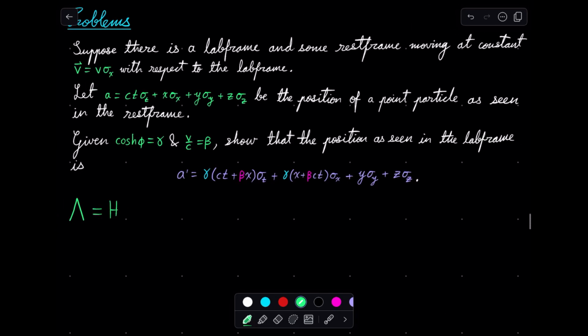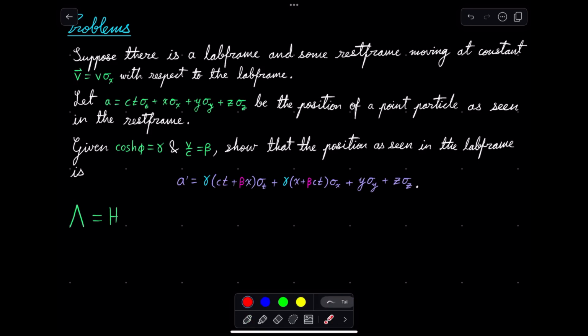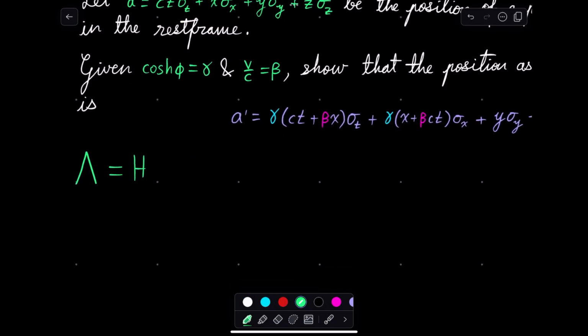And this is a constant motion, meaning that this Lorentz rotor will not change in time. So we have that the change in time of this Lorentz rotor is 0.